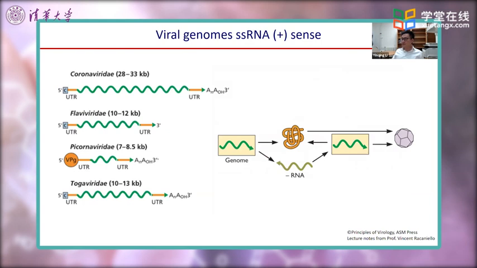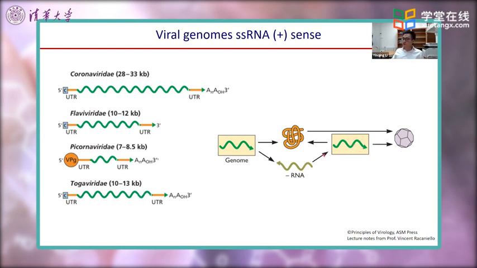In the case of coronavirus, it is a positive sense, single strand RNA virus. Its genome itself can be used to directly produce viral proteins, serving as a messenger RNA, or, like we mentioned earlier, it can be used to generate the negative sense, complementary genome RNA, which can be used as a template to regenerate the genome.